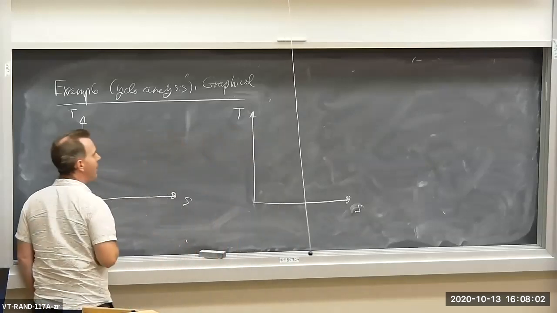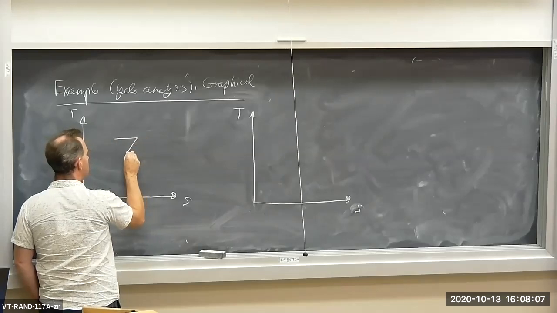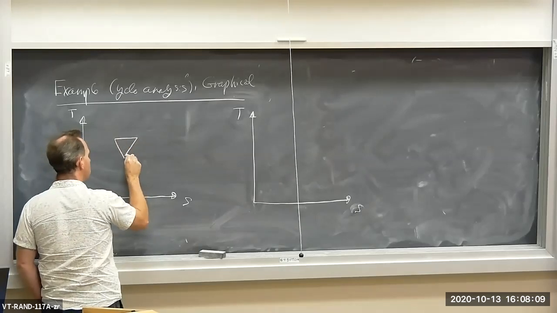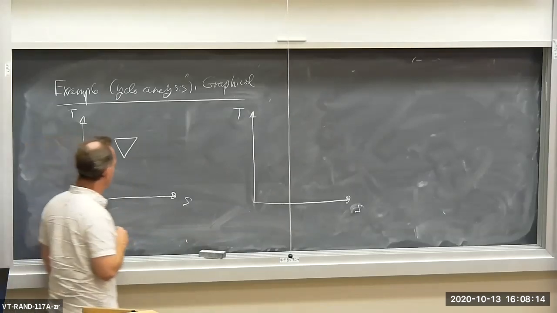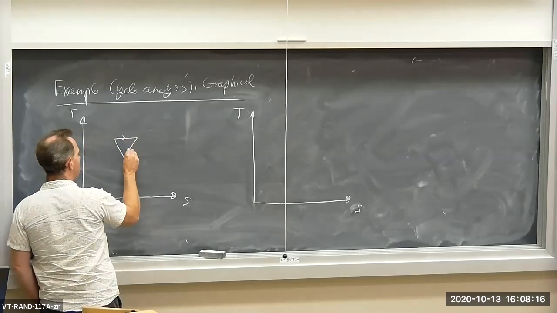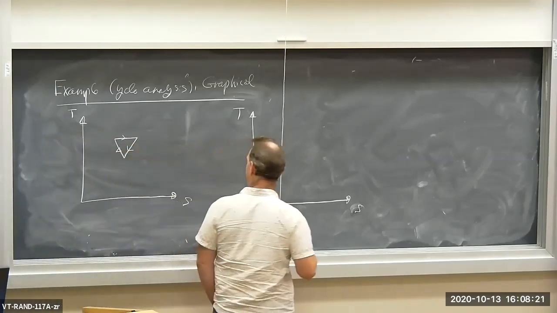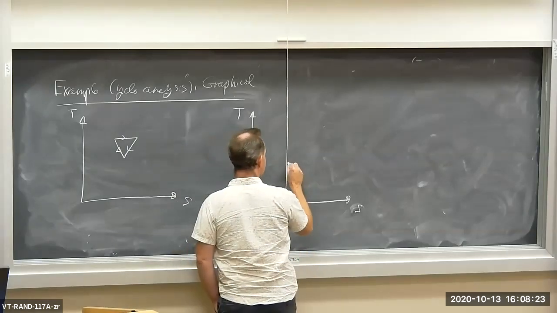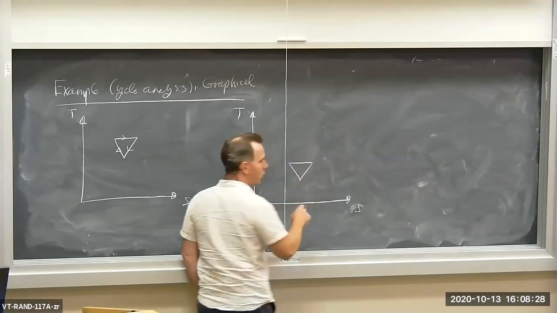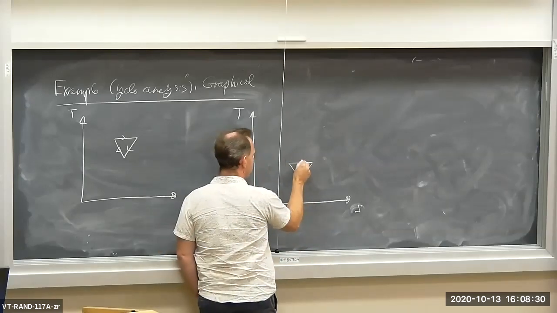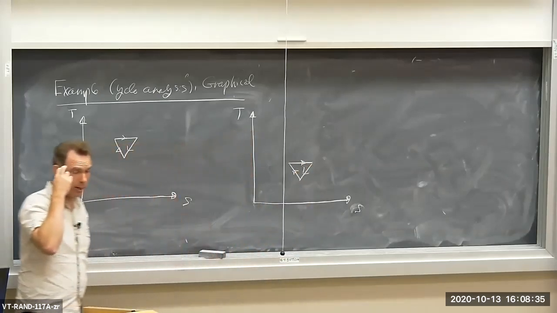So let's say, here's my first cycle, okay? The cycle's going in this direction. And here's my second cycle, lower on the TS diagram.